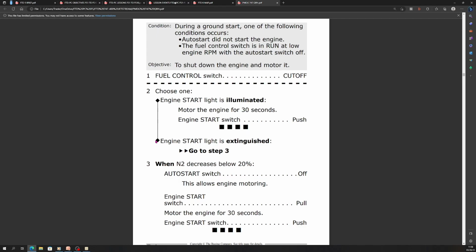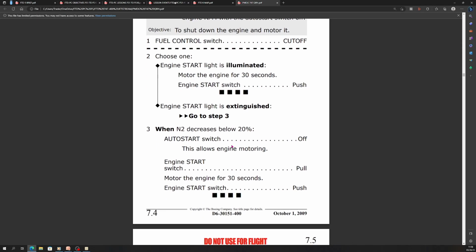And of course, that's the case where the engine start light is illuminated. I guess you're seeing my pointer. If the engine start light is extinguished, we're going to go to step 3. So step 3 would say when the N2 decreases below 20%, then bring the auto start switch off, and this will allow engine motoring.